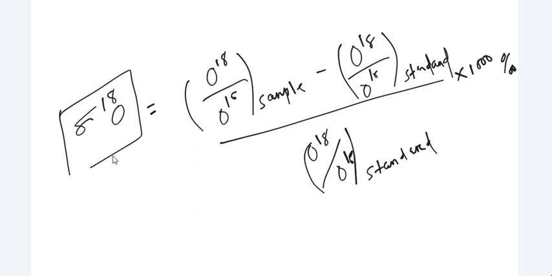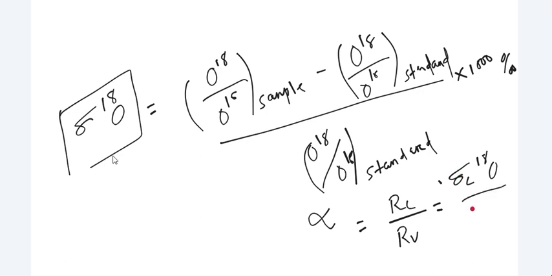Then there is the isotopic fractionation factor for oxygen, which is R, or it is called alpha. Alpha is equal to RL by RV. What is RL by RV? It is del L O-18 by del V O-18.